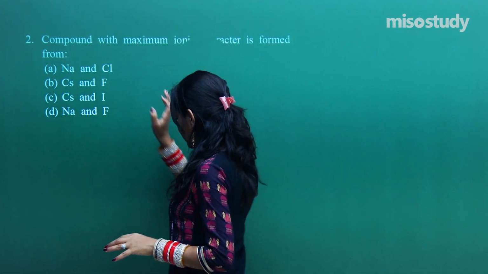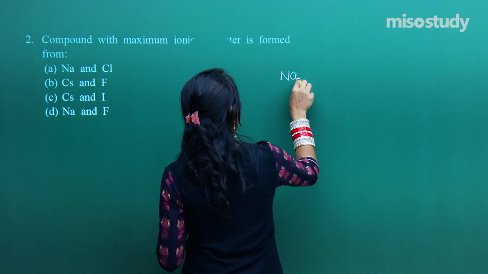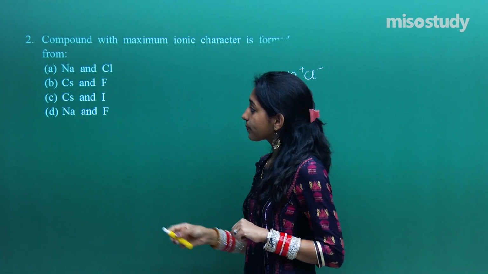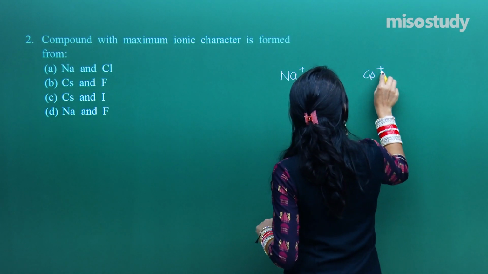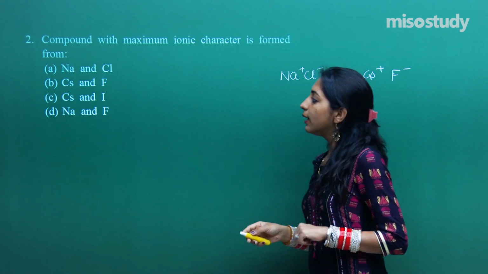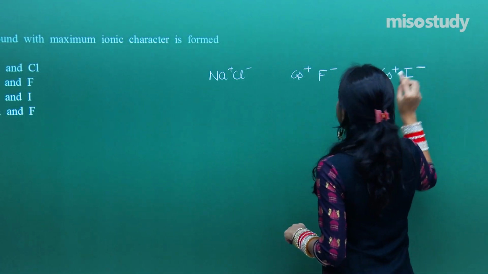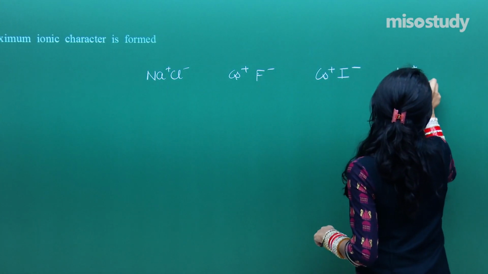We have Na and Cl, and you all know that NaCl is an ionic compound formed of Na+ and Cl-. Then we have cesium and fluorine, which will form Cs+ and F-. Then we have cesium and iodide, and then sodium and fluorine.